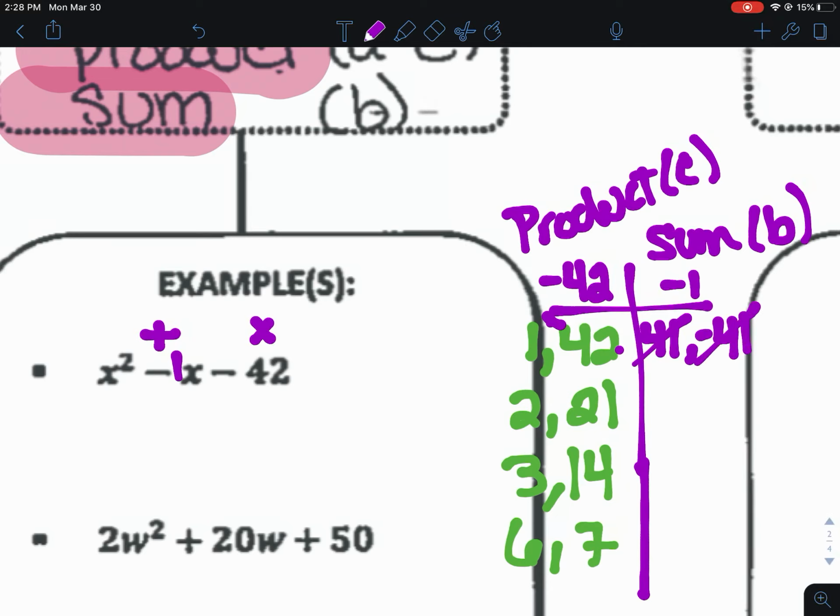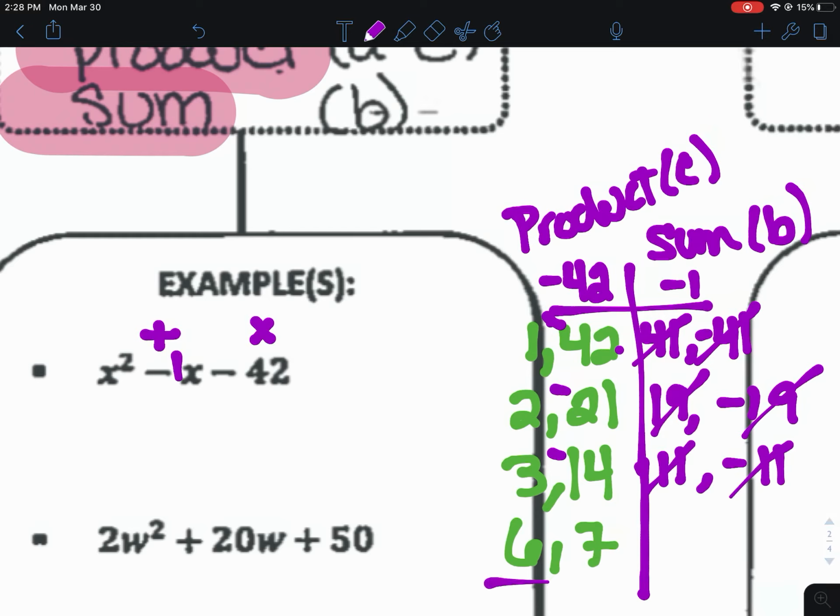Again, not what we wanted. 2 and 21, if I make 2 negative, I get positive 19, or if I made 21 negative, I get negative 19. 3 and 14, let's say I make 3 negative, I'll get positive 11. If I make 14 negative, I get negative 11. Still, none of these are working.